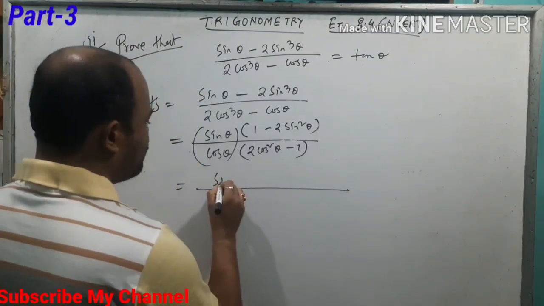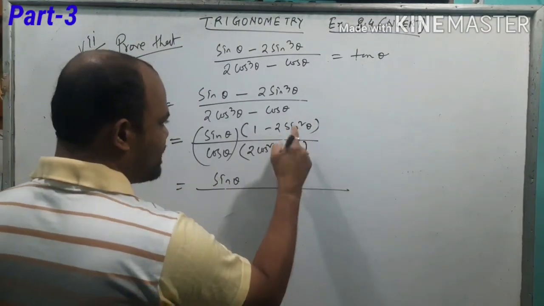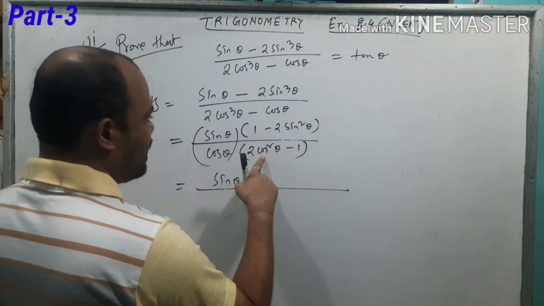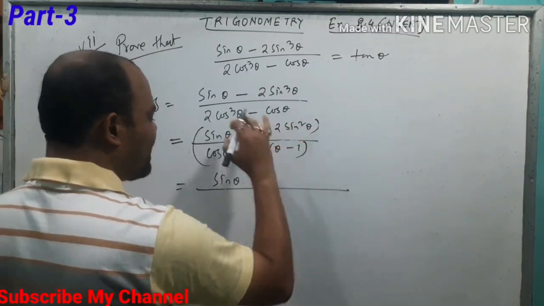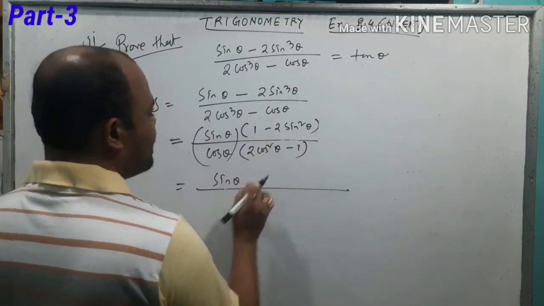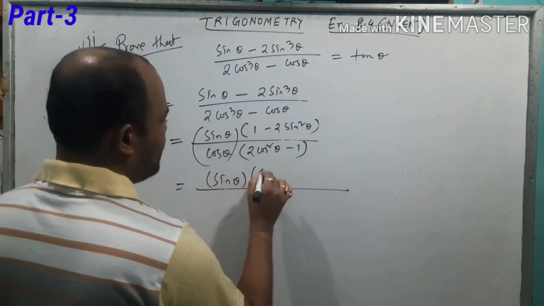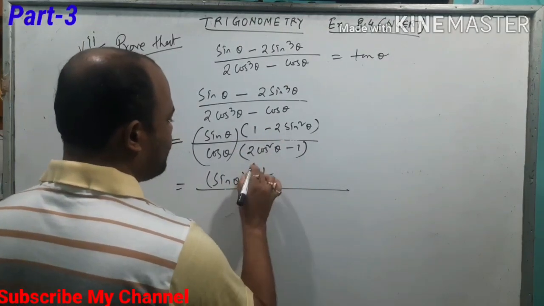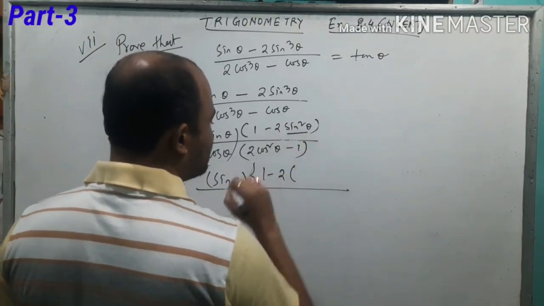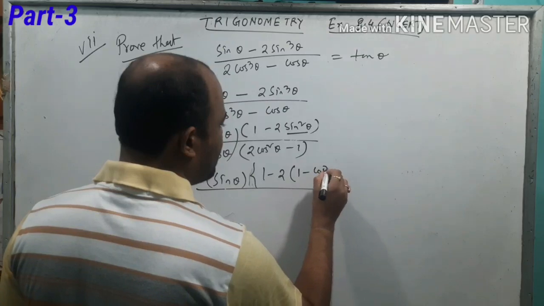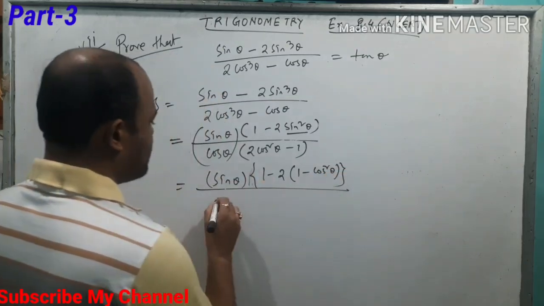Now how to prove this one? Here the term is sin square, here it is cos square. As these two terms will cancel each other, we convert any one of them into the other. Let us change sin square theta into cos square theta. What is the formula? Sin square theta equals 1 minus cos square theta.